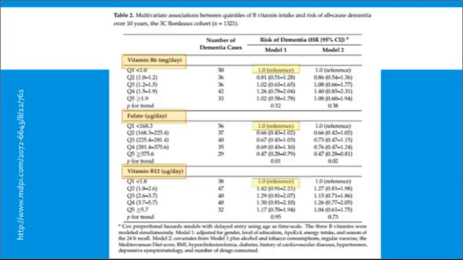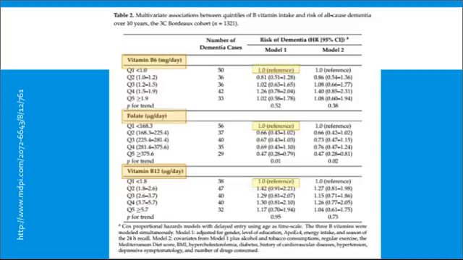So for each of these different factors, we see that as the quintile goes up, it's comparing that to the lowest quintile. And so for instance, if we look at the vitamin B6, Q1 means the first quintile, which is the lowest level of B6. That's the reference.